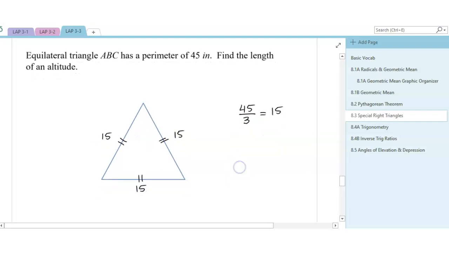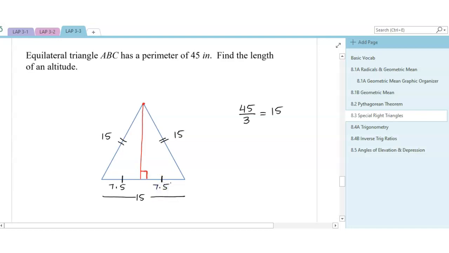And what we want to do is find the length of the altitude. So the altitude goes from the vertex and it makes a 90 degrees, just like that, on the opposite side. And because this is an equilateral triangle, it divides that side into 2 equal parts. So originally this entire side was 15. Now that it's broken in half, each part is going to be 7.5.